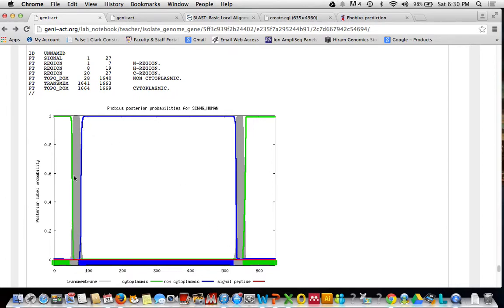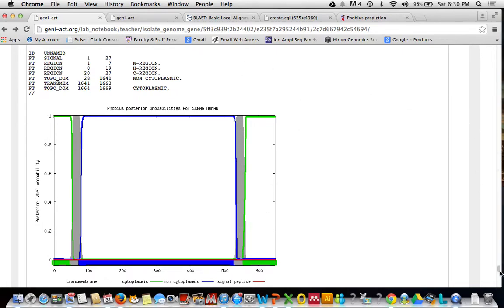The blue regions are non-cytoplasmic. The green regions are cytoplasmic. And if you have any red, that will locate your signal peptide. I have two transmembrane regions in my protein.